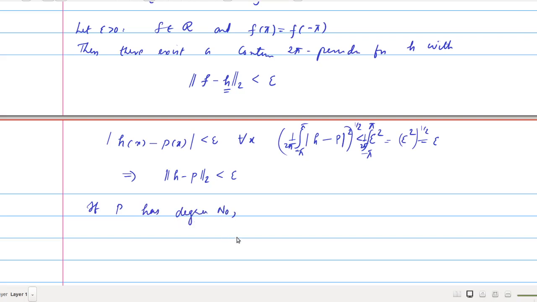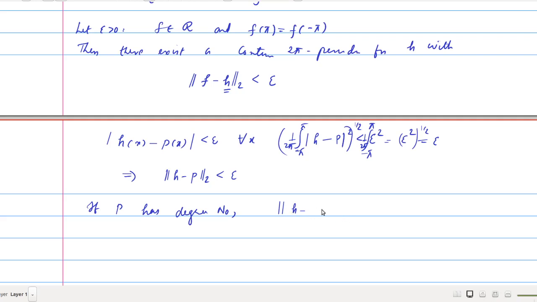that is a trigonometric polynomial, then theorem 8.11 shows that the norm of h minus Sn h, the mean square difference, is small. We already proved that with respect to the 2 norm, the sequence of partial sums of the Fourier series is very close to the corresponding function.